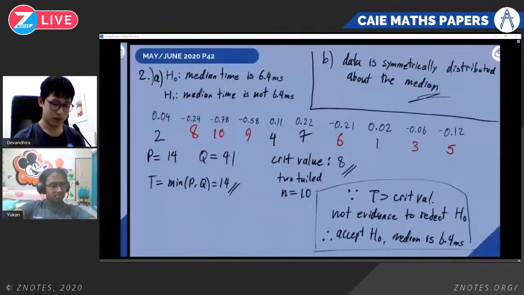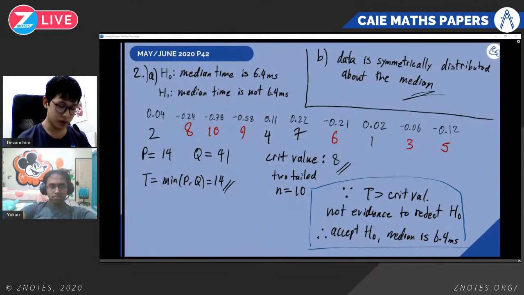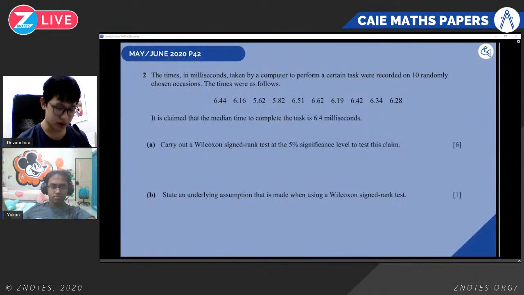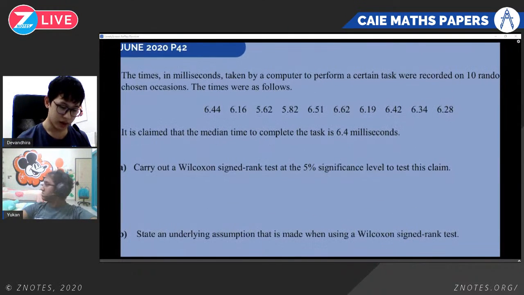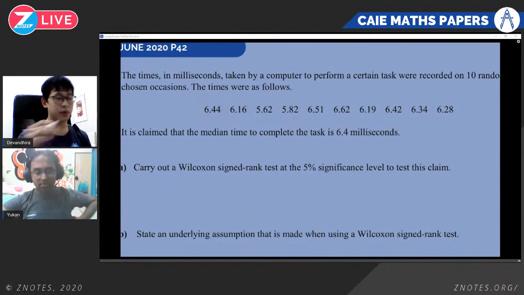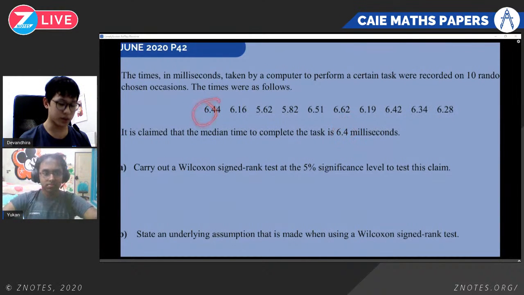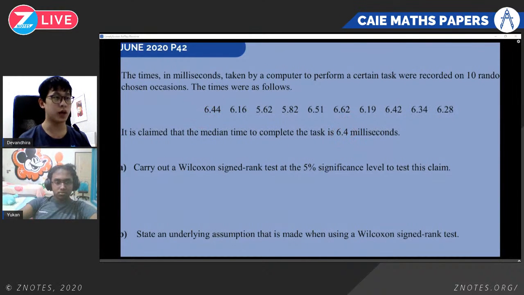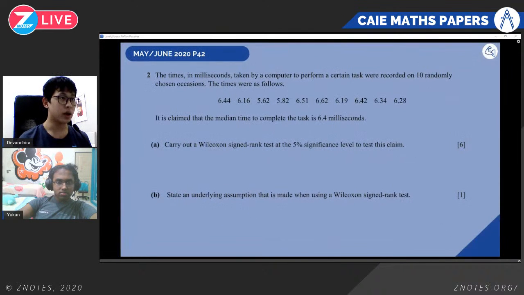The next step for the Wilcoxon signed rank test is that for each of our data, we have to take the difference from 6.4. So for the first one, we have 6.44 minus 6.4. That is just 0.04, right? For the next one, you do the same thing, 6.16 minus 6.4, and you do this for each entry.